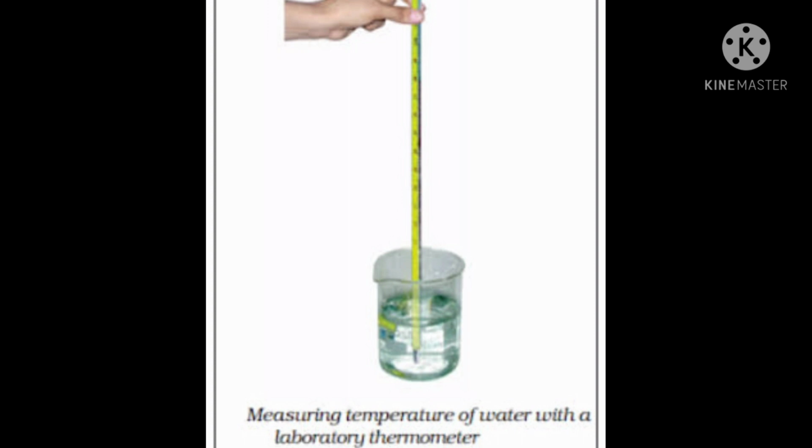But in the case of the clinical thermometer, we remove the thermometer from the mouth and note the reading. Then why not remove the laboratory thermometer from the substance whose temperature we measure, like the clinical thermometer?